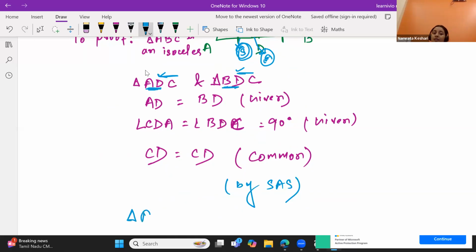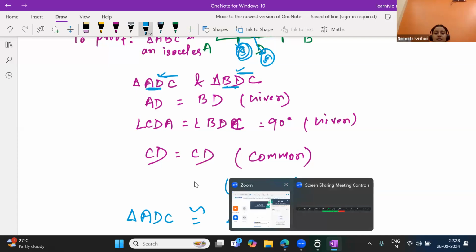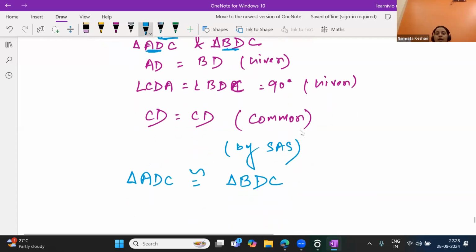Every time it doesn't happen with me, but sometimes if it does, great. If the names we have taken are not correct, we will be able to make them correct. By SAS, these two triangles are congruent.